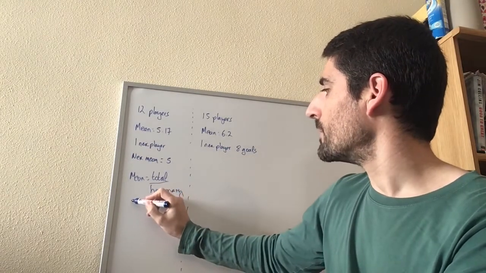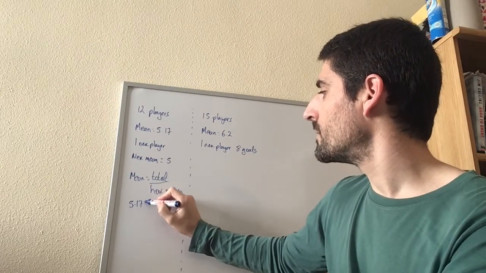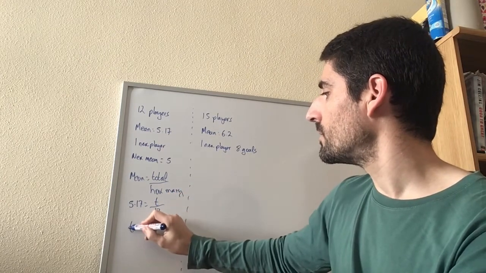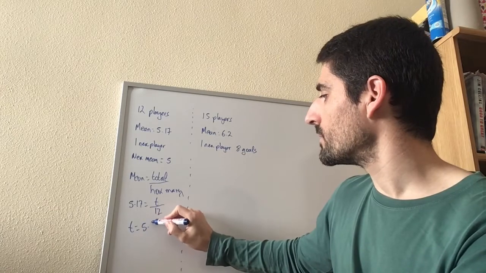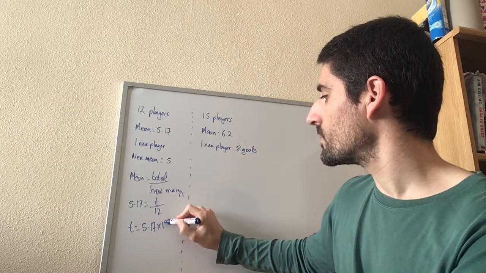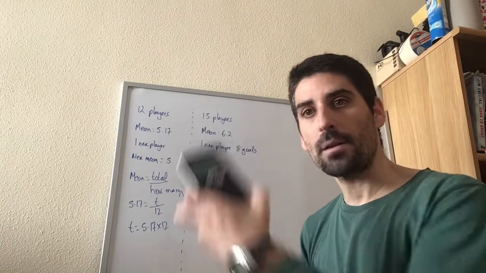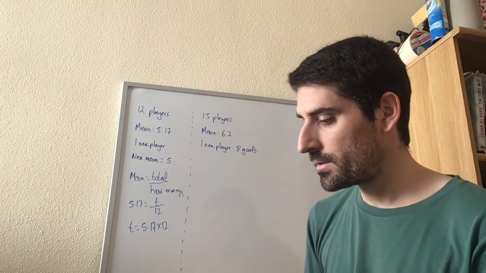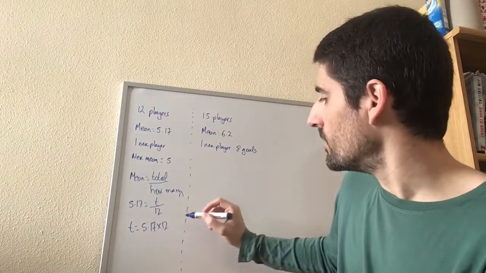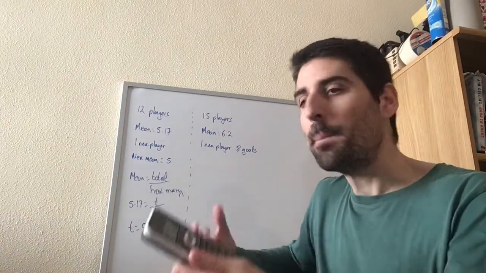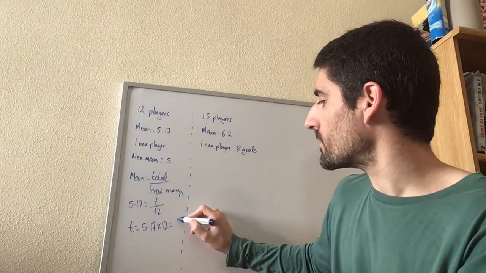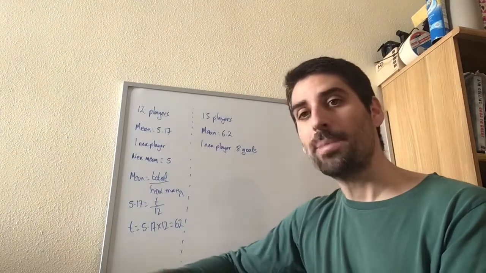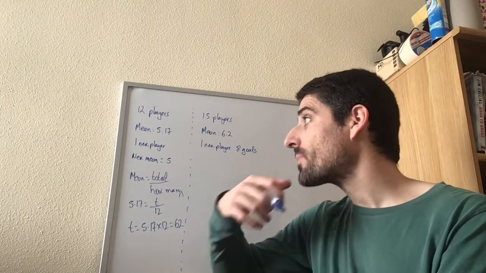It'll be 5.17 equals T for the total divided by 12, so the total would have been 5.17 times 12. You get your calculator, 5.17 times 12. I get 62.04, but because that mean was rounded, the exact answer is 62. So before the new player arrived, 62 goals.